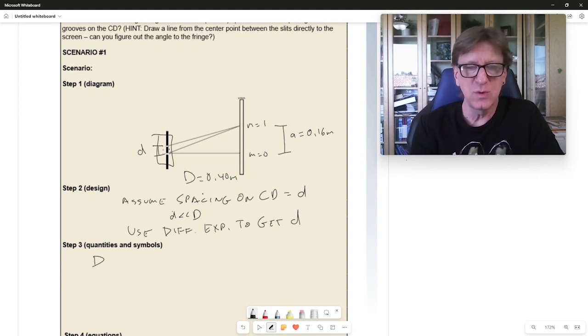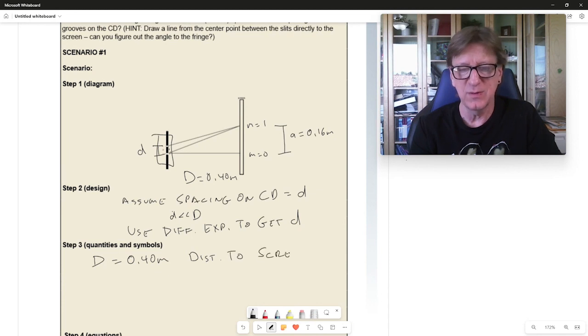So D is going to be our distance, and so that's going to be 0.40 meters. Let's be really clear, that's the distance to the screen, because we've got a number of different distances going on here. We defined A, 0.16 meters, and that's going to be the distance to the m equals 1 bright fringe.